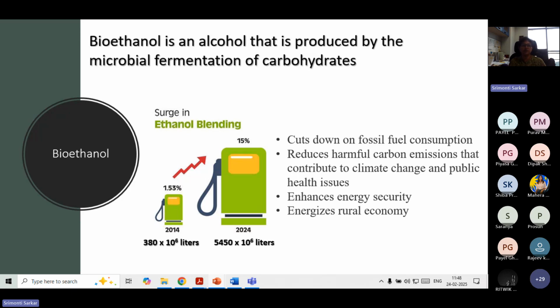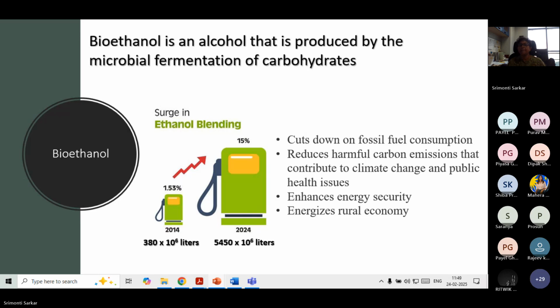These numbers are taken from the Press Information Bureau. In 2014, only 1.53% of the fuel being used to power our transport sector contained bioethanol. That blending climbed up to 15% in 2024, and in 2025 our goal is 20% blending.